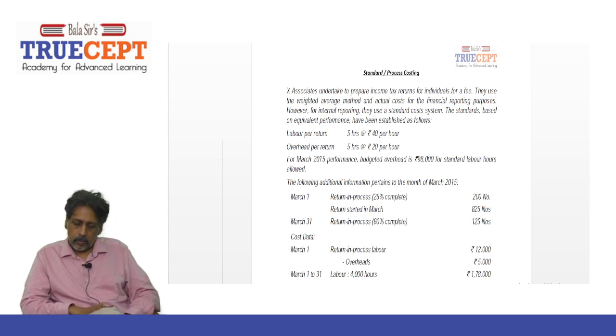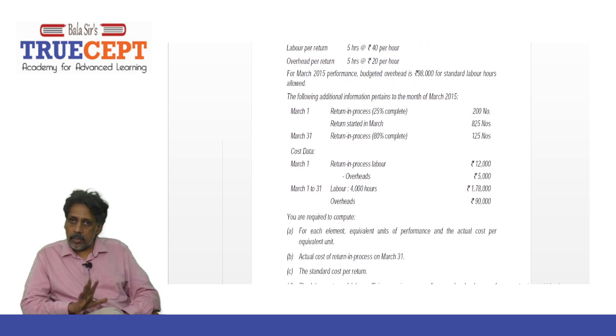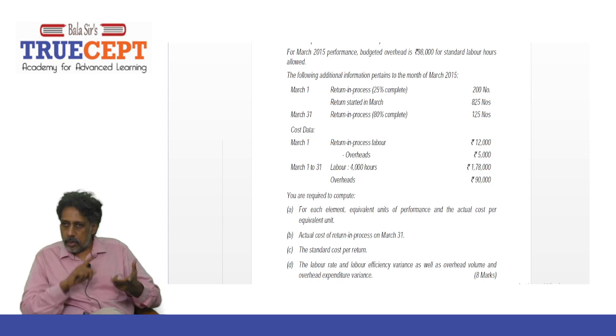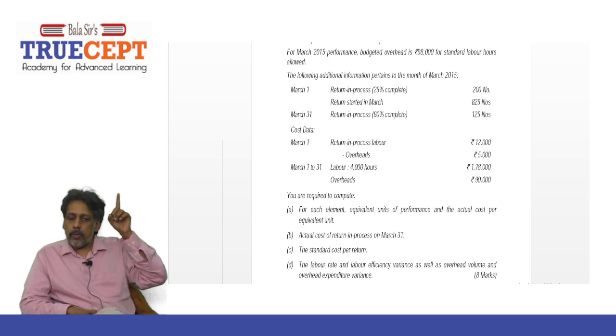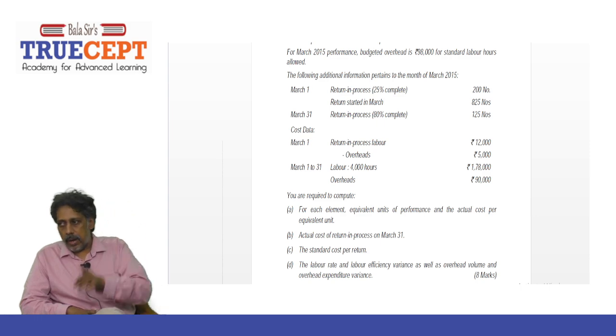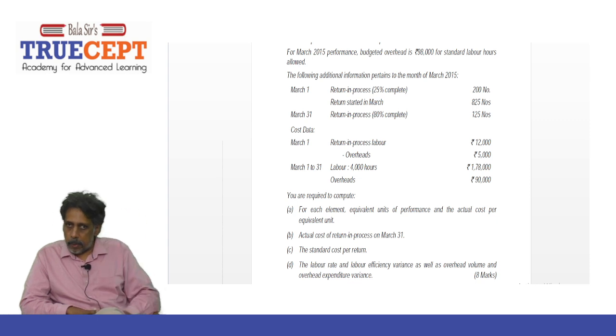March 31st, return in process, 80% complete, 125 numbers. And cost data. Has the number of returns completed been given? No, not given. Now you can find out. Out of 1025 returns processed in all, 125 returns are in process on 31st March, not completed, only 80% complete.